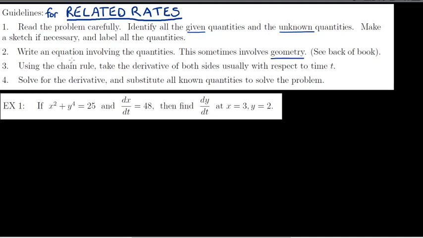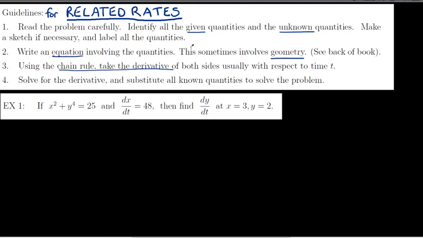So, once you have that equation, which usually comes from geometry, although not in every case, then, using the chain rule, you're going to take the derivative implicitly. It depends on the equation, of course. If the equation is given explicitly, then you're taking the explicit derivative.